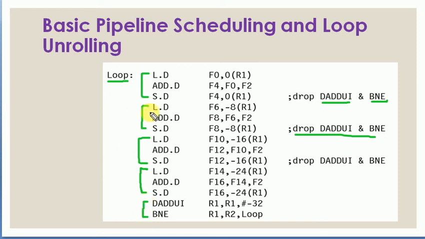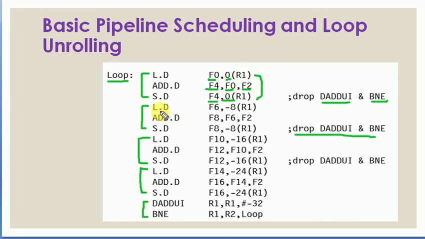Now you can see the difference here. Initially we load location 0 to F0, then that is added with the scalar. The result is stored in F4, then F4 is stored back to the same memory location.